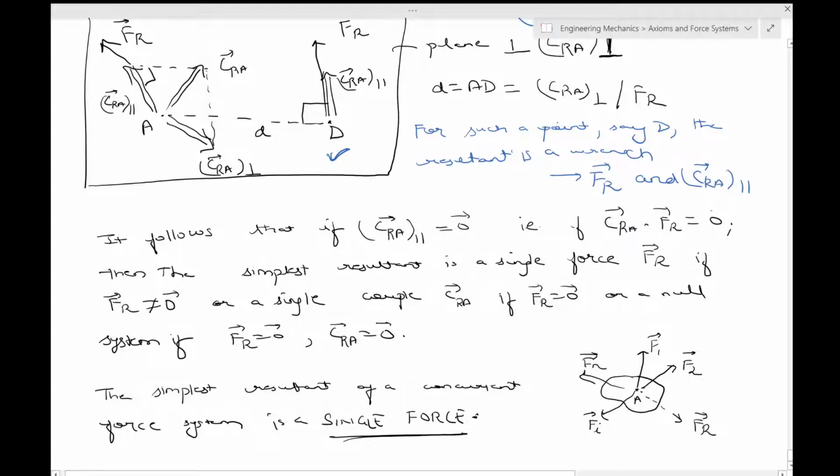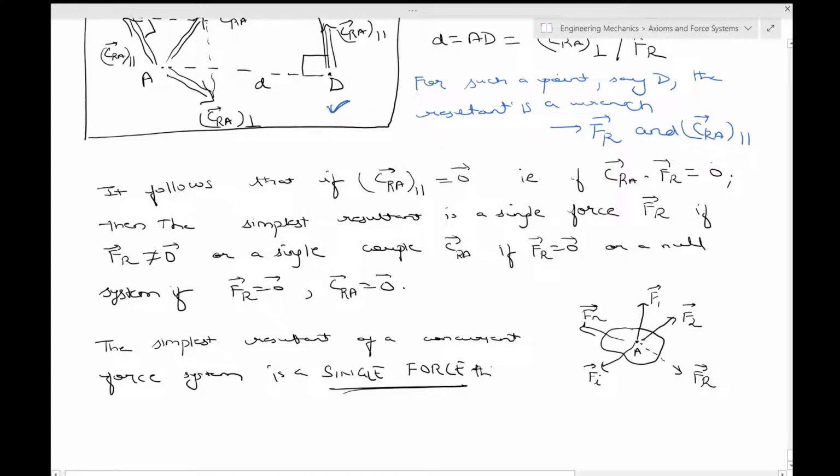Derivatives of saying that the simplest force configuration is that of a wrench, okay? So this is just more simplified than that, as the simplest resultant of a concurrent force system is a single force, okay? Obviously it has to be through the point of concurrence, which is A in this case, okay?